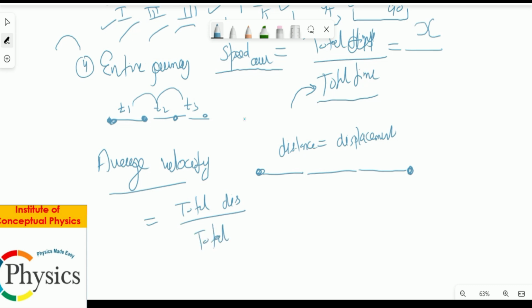So in this particular question, the average velocity is equal to average speed. There is no difference between the two because it's a straight line motion. The distance and displacement are equal. A to B is also the distance, A to B is also the displacement.